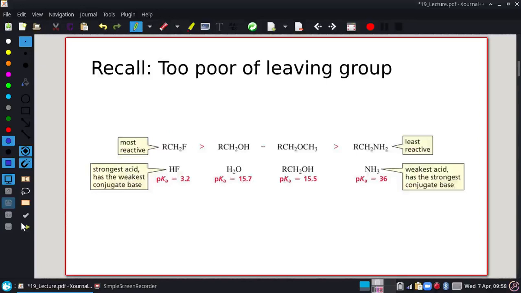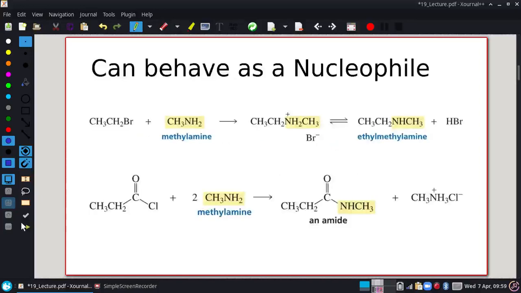Now, we didn't see too many times where we got rid of an amine, and that was mainly because the nitrogen compound was too difficult of a leaving group. So we could turn almost any other functional group into an amine, but it was very challenging to turn an amine into something else because it was a poor leaving group. But we had strategies to take care of that, but I just want to recall that right now.